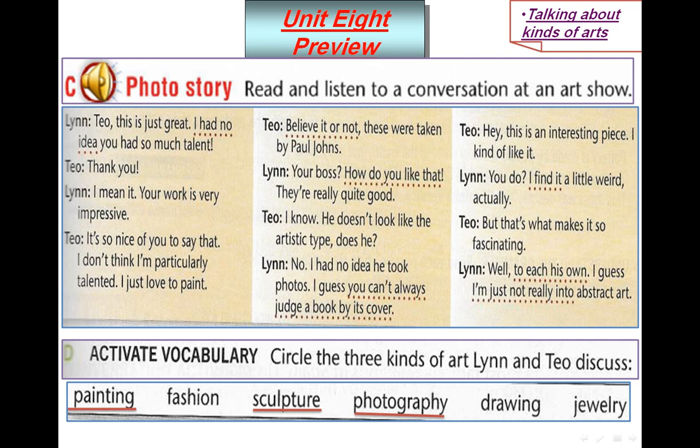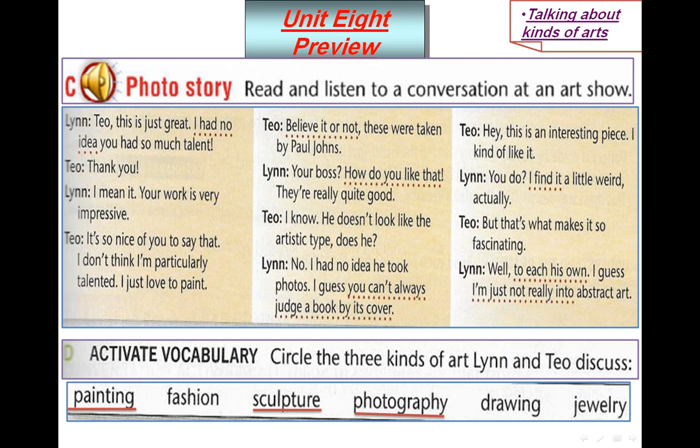When you say you can't always judge a book by its cover, the Arabic translation is exactly like the English one. You can't always judge. What does judge mean? يحكم. لا تستطيع أن تحكم على كتاب من خلال الغلاف.